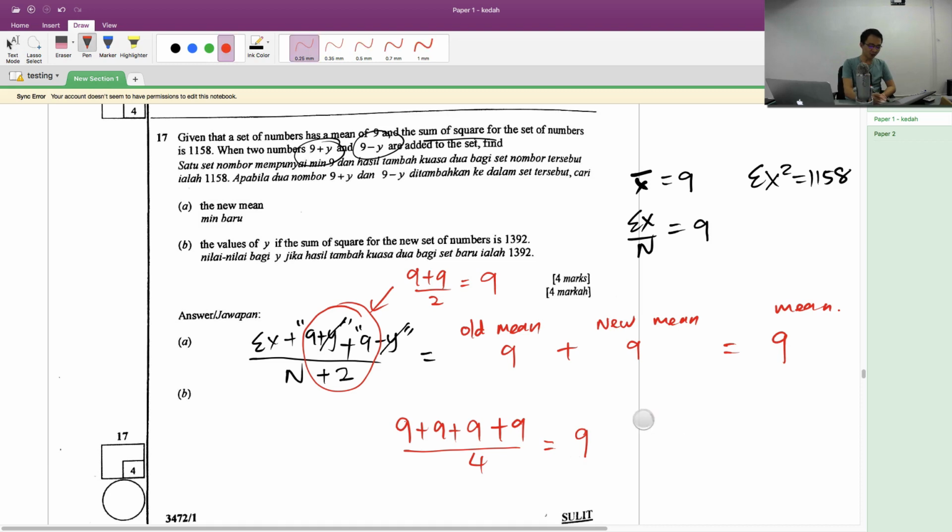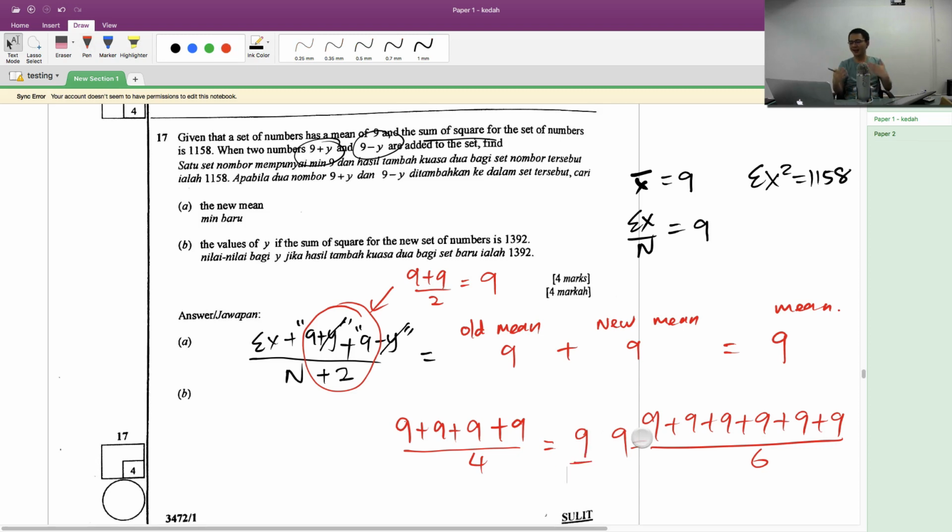If I add another 2 more 9s, 9 plus 9 plus 9 plus 9 plus 9 plus 9 over 6, because the count increases by 2, my mean is still 9. If the mean is already 9, no matter how many 9s I add in, I will not change the mean. The mean will still remain the same. This is the basic idea.